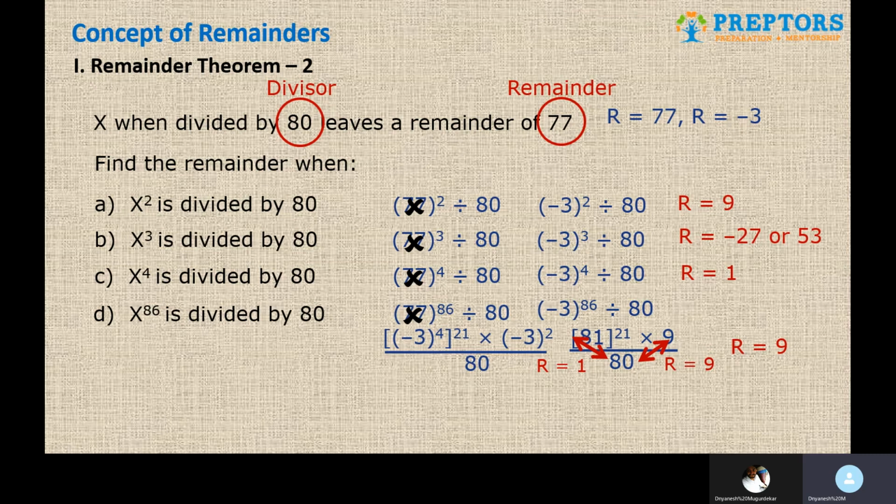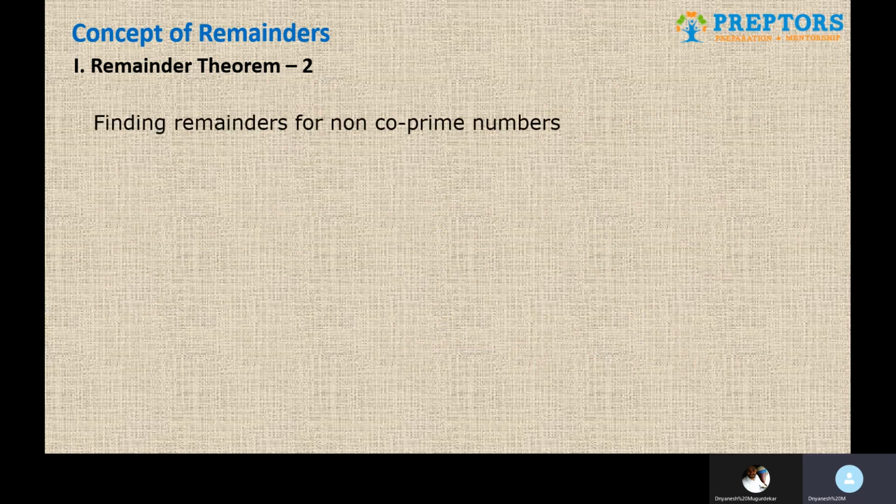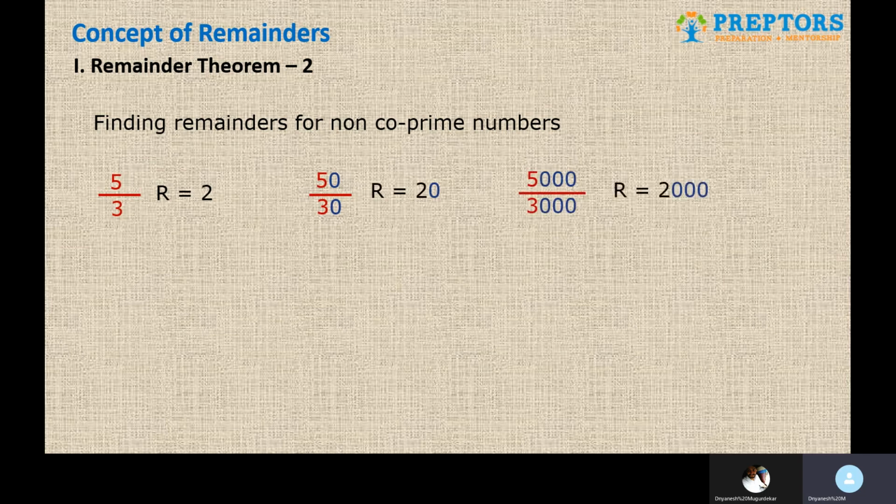So these are the workings that are necessary to tackle this topic. Now one last part before we wrap this up is finding the remainders for non-coprime numbers, as in 5 when divided by 3 you get remainder 2, 50 when divided by 30 you get remainder 20, 5000 divided by 3000 you get the remainder as 2000.